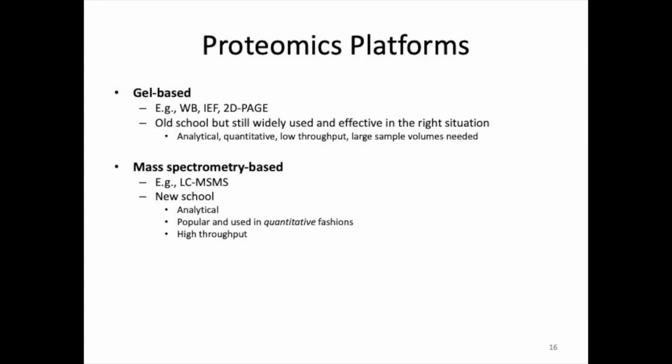Basically, LC does the job of separating proteins. Proteins with different physical-chemical properties run out of the LC column at different times, and the process is continuous. Proteins continuously run out of the column and feed into downstream MS-MS experiments. These techniques are very popular. They're quantitative and high throughput.